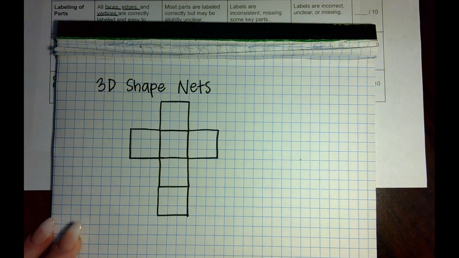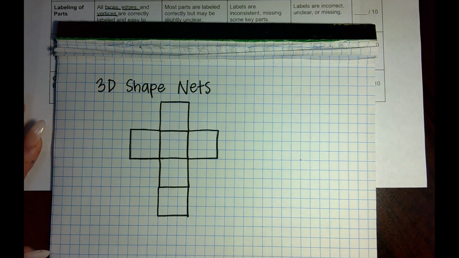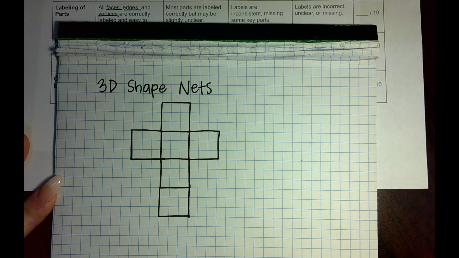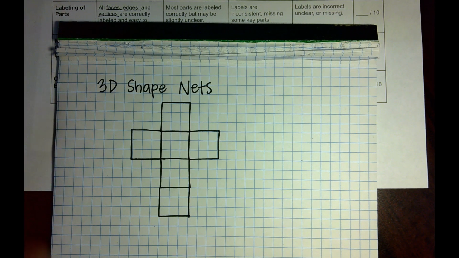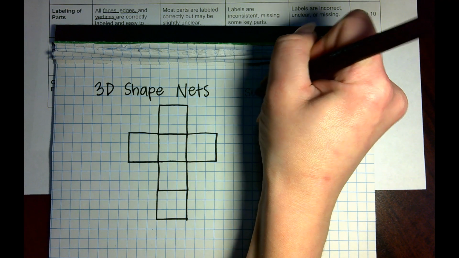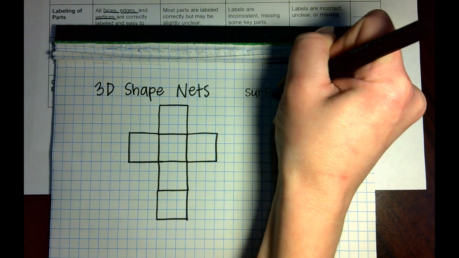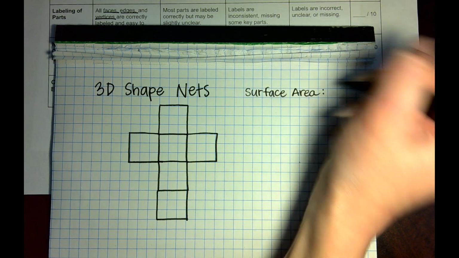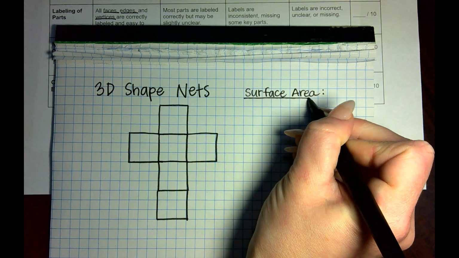Let's talk about all the things that we need to look at. I'm going to look at the next category, where it says surface area and volume. Let's talk about what those mean, and we'll talk about surface area first.